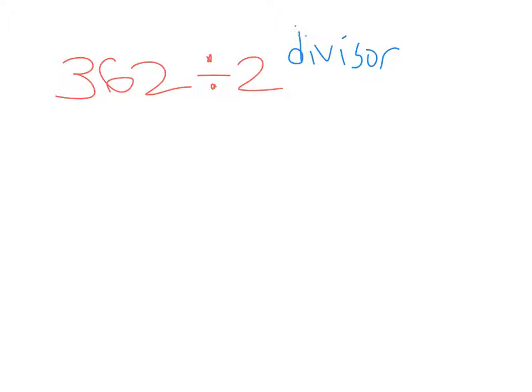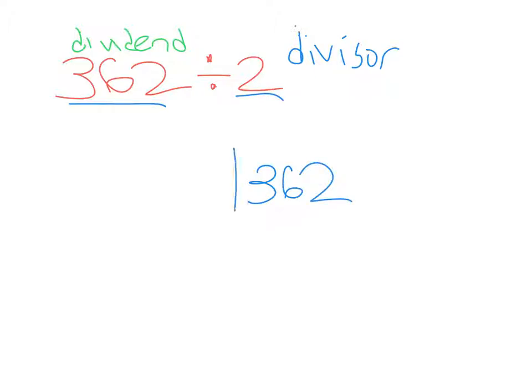The other number is called the dividend. Now, those are important mathematical terms, but if you don't remember them, you can still do the math, because what's happening is I'm going to put this number here under the house. I'm going to put this number here outside of it.